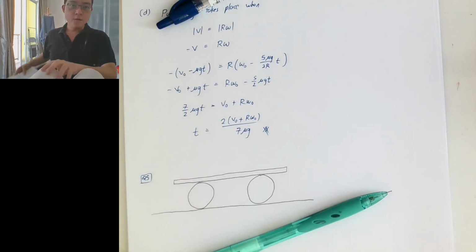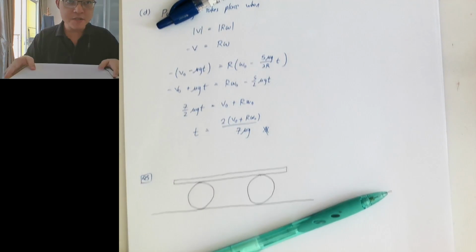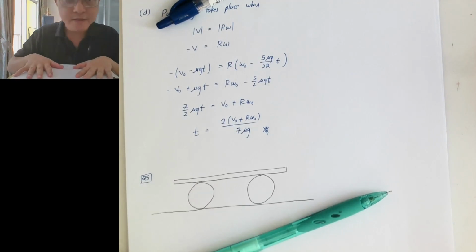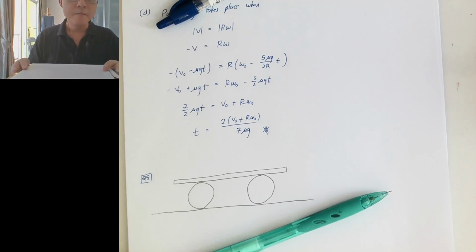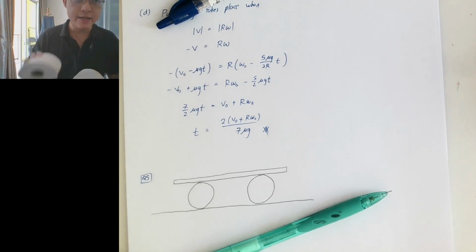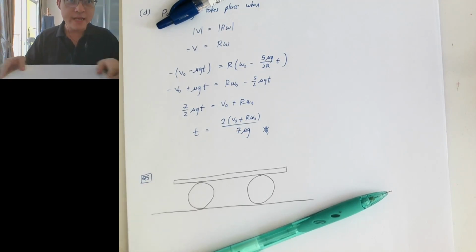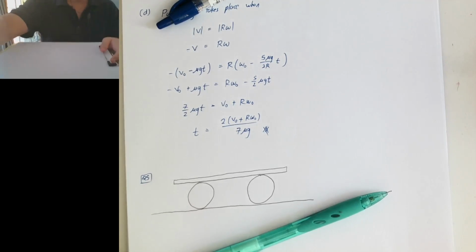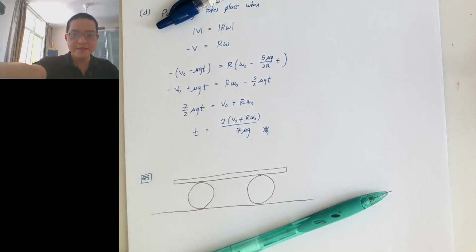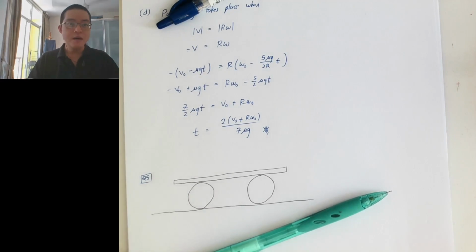What I'm trying to convince you, I think most of the misconception when students answer this question is that we should not assume the acceleration of the upper plank and the center of mass are the same. If you roll one over the other, it's very difficult to show.